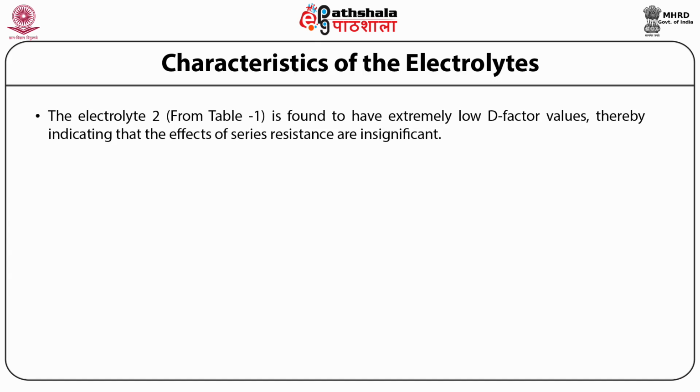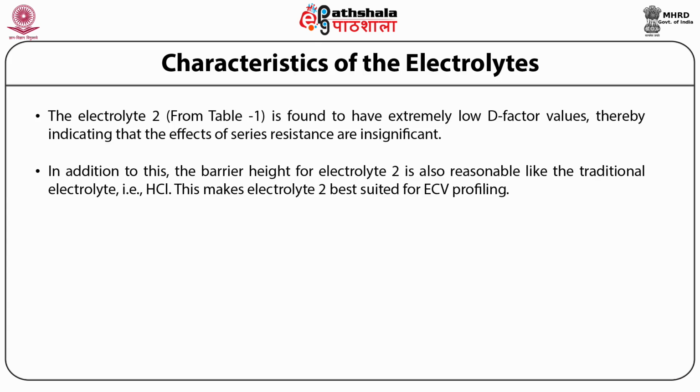Electrolyte 2, that is from Table 1, is found to have extremely low D factor values, thereby indicating that the effect of series resistance is insignificant. In addition to this, the barrier height of electrolyte 2 is also reasonably like the traditional electrolyte, that is HCl. This makes electrolyte 2 best suited for ECV profiling.